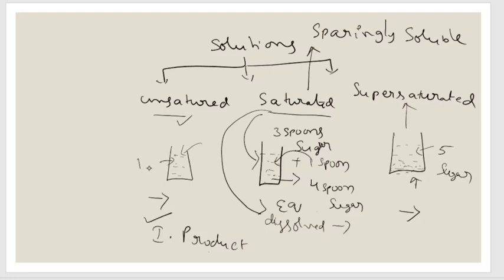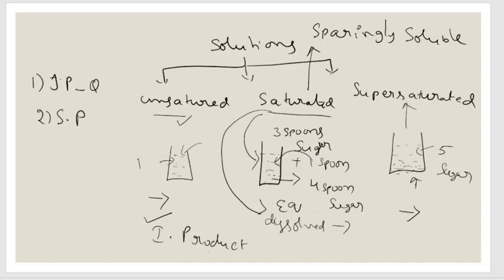Let us say here 1 is the concentration of sugar, here 4, and here 5, right? Just like the reaction quotient of the equilibrium in terms of concentration of products, we have two terms specifically. One is the ionic product and the other is the solubility product.